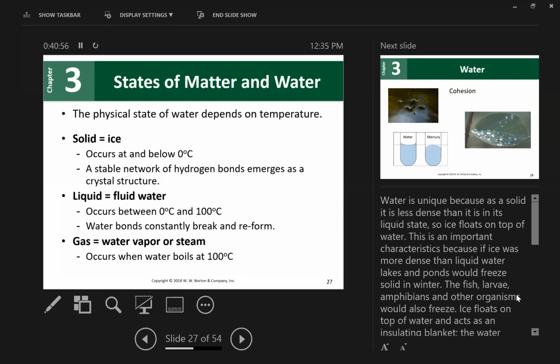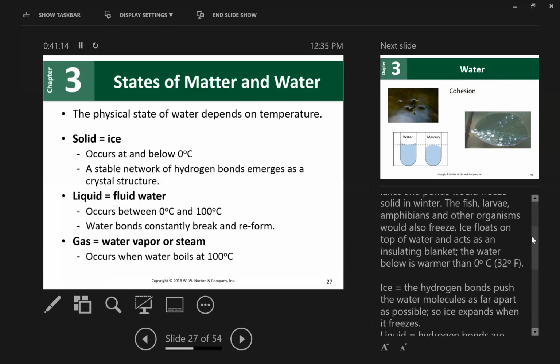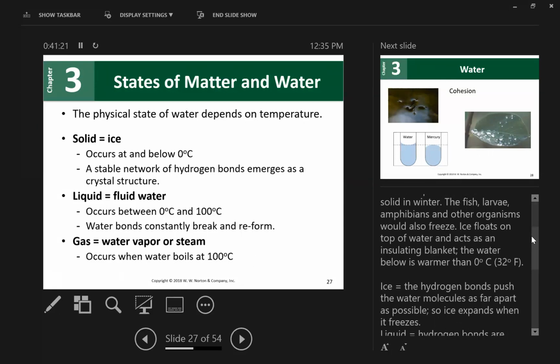This is an important characteristic because if ice was more dense than liquid water, lakes and ponds would freeze solid in the winter. Fish, larvae, amphibians, and other organisms would freeze. Ice floats on top of water and acts like an insulating blanket. The water below is actually warmer than the freezing point. To freeze, we have to be at 0 Celsius or 32 degrees Fahrenheit.